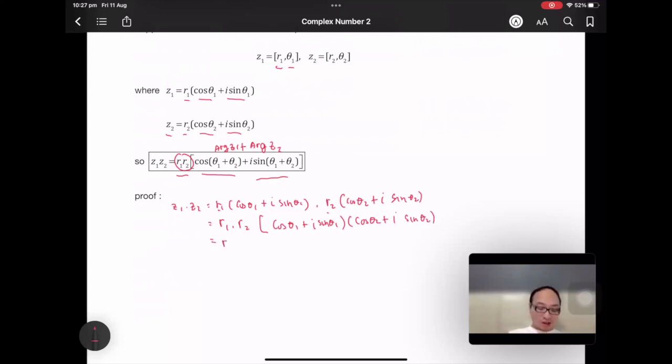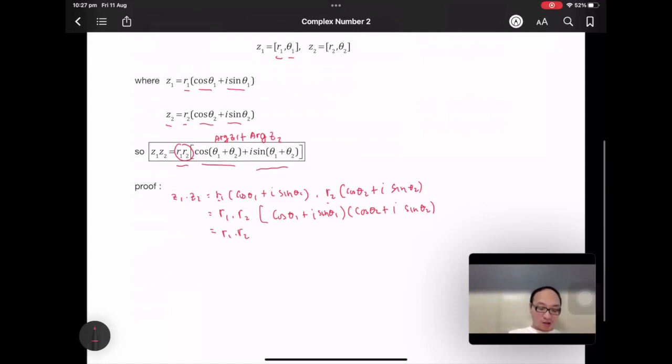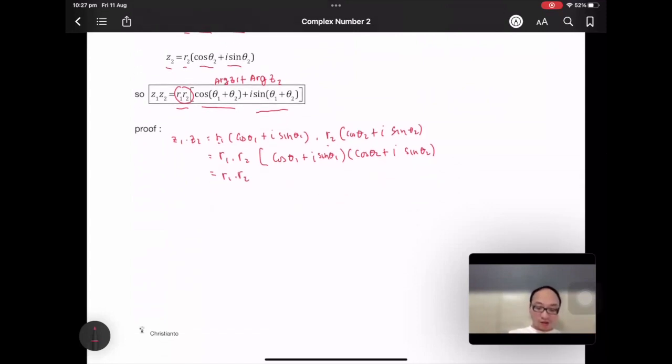This equals r1 times r2 times (cos theta1 cos theta2 plus i cos theta1 sin theta2 plus i sin theta1 cos theta2, and then plus i squared sin theta1 sin theta2).